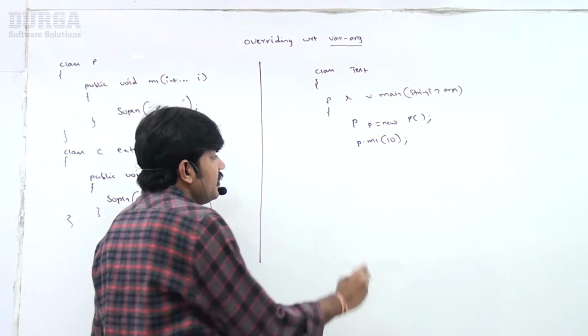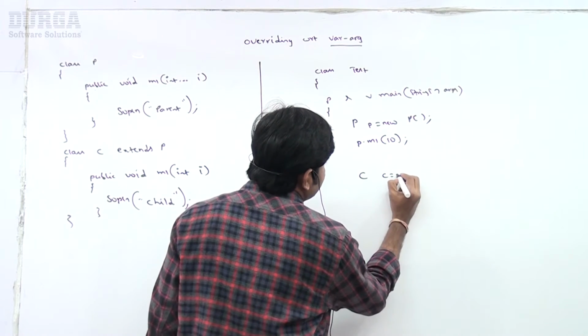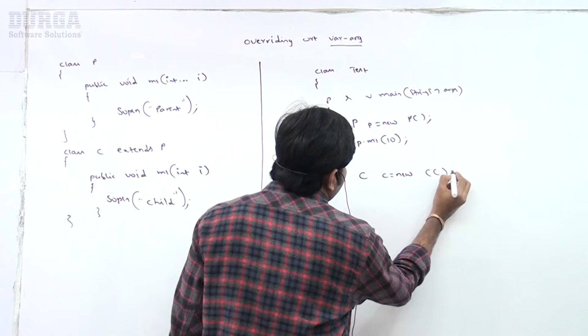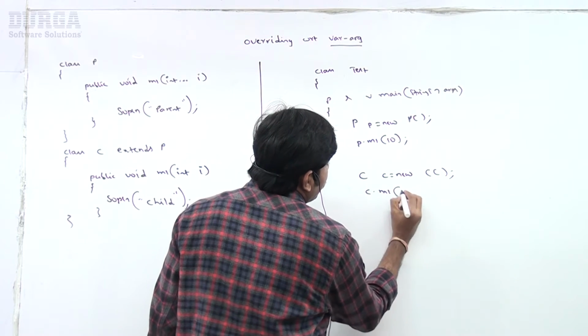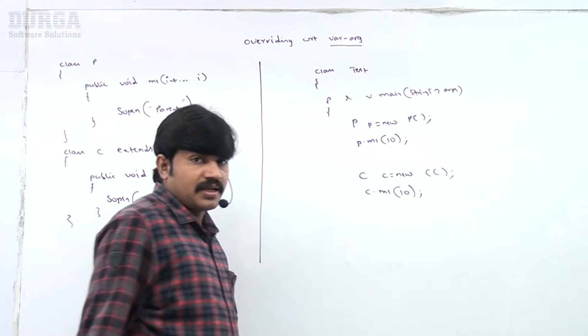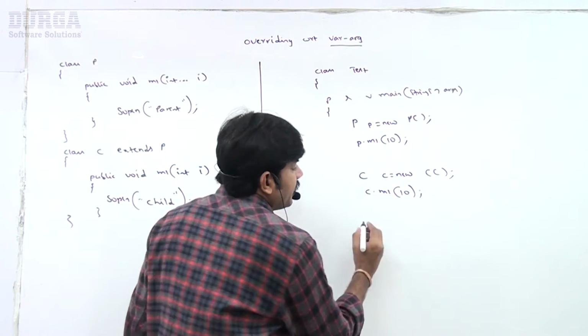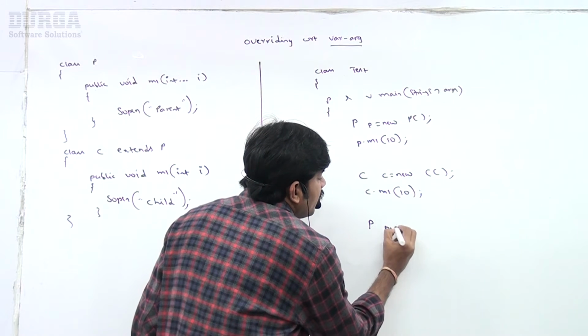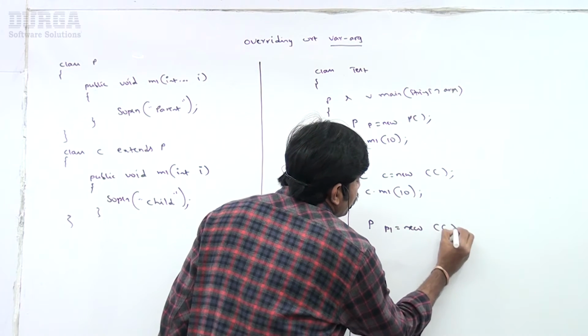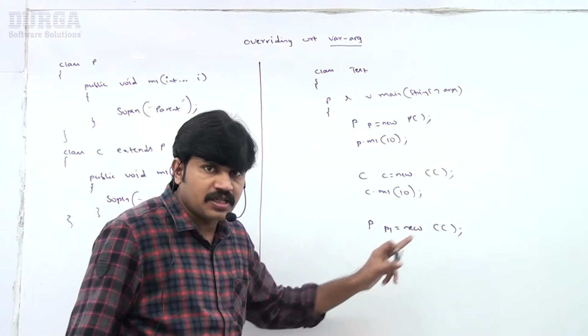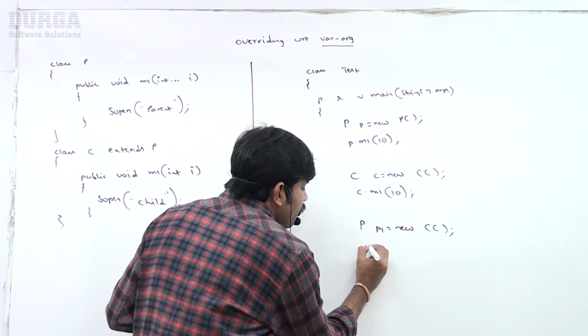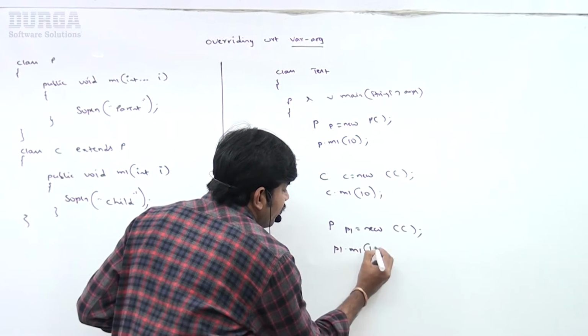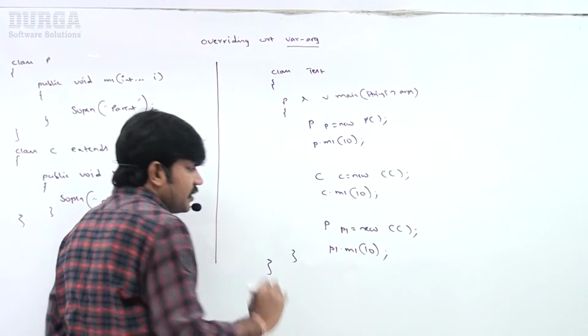Second one: Child c = new Child(); c.m1(10). Next, Parent p1 = new Child(). Sir, a parent reference can be used to hold a child object. p1.m1(10), I'm taking, sir.